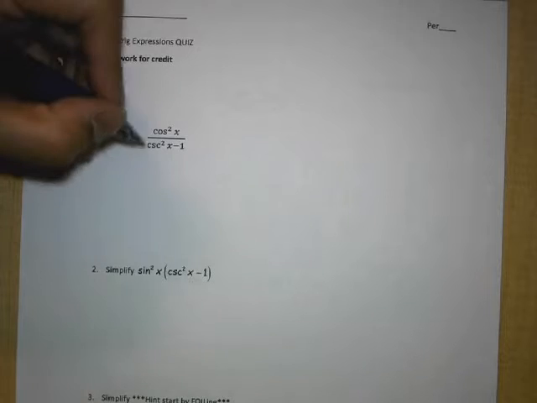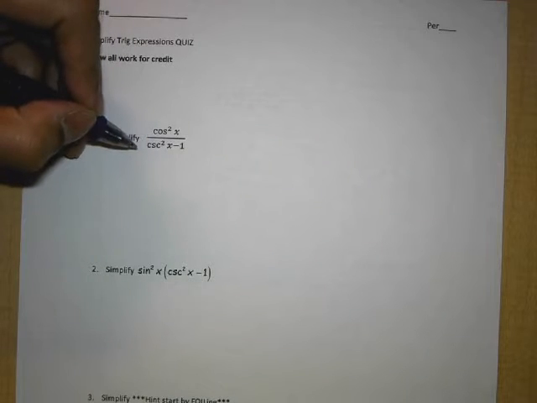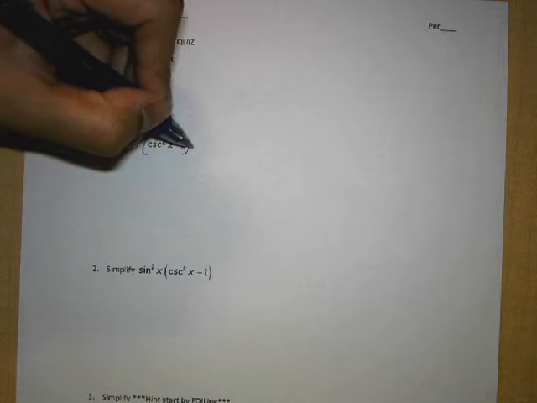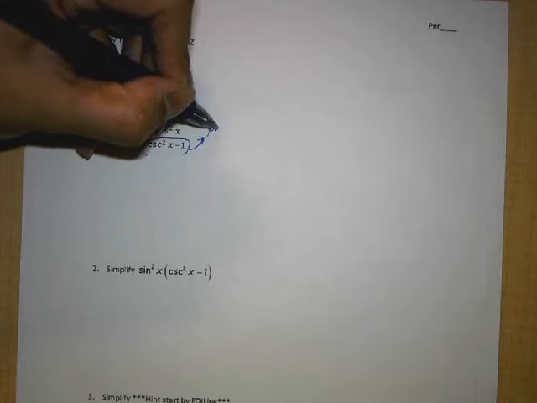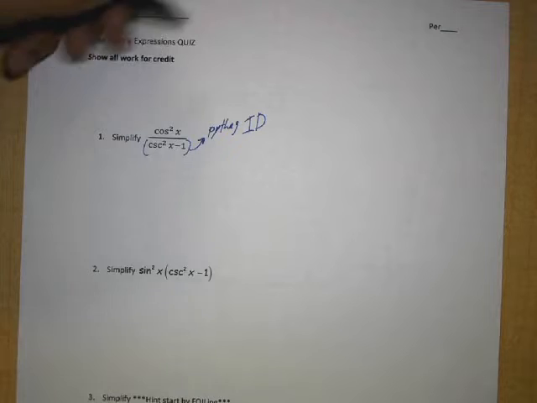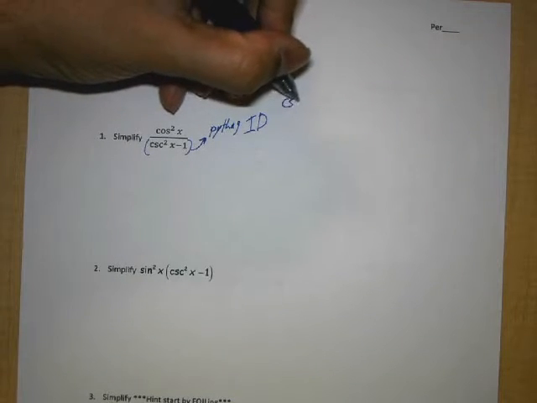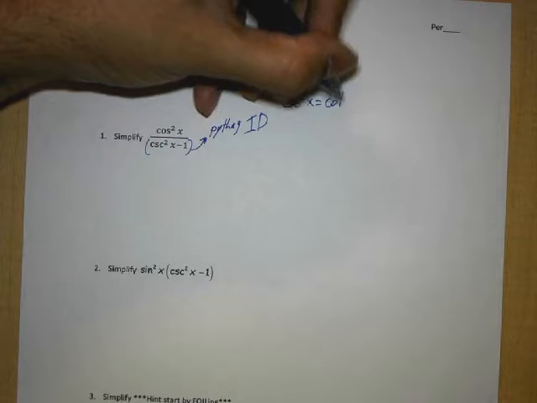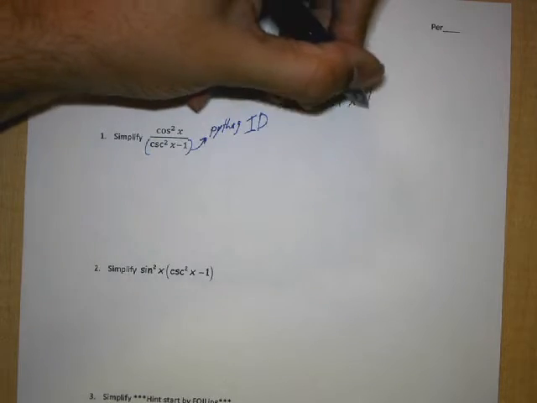Alright. So for this first question, it's very similar to the one that we did in the review. Right. We have to realize that this is going to be a Pythagorean identity. Right? We can say, hey, cosecant squared x is cotangent squared x plus 1.